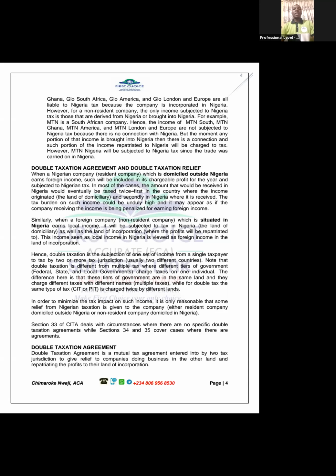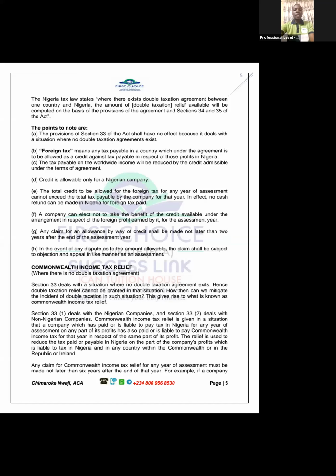Now that's one part. The second part, which is the flip side, is where there is no agreement. Now, when there is no agreement, we look at it like when a partnership business has no agreement, when there is no agreement between two people coming to do business and something happens.